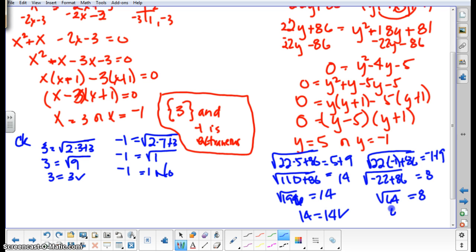And the square root of 64, of course, is 8. So that checks. So our solution set for this problem is 5, negative 1.